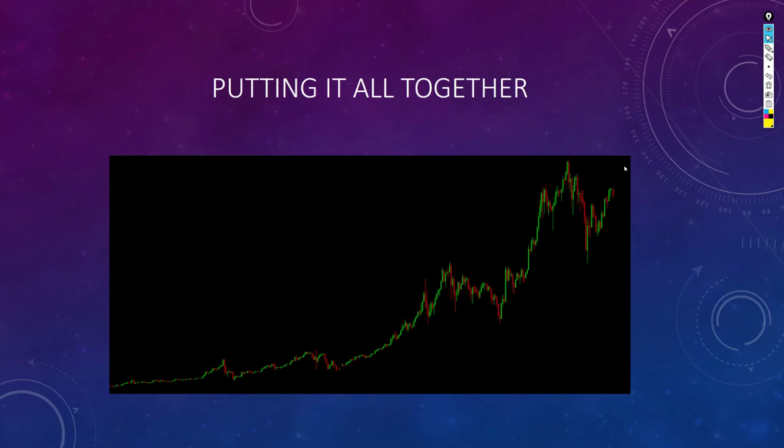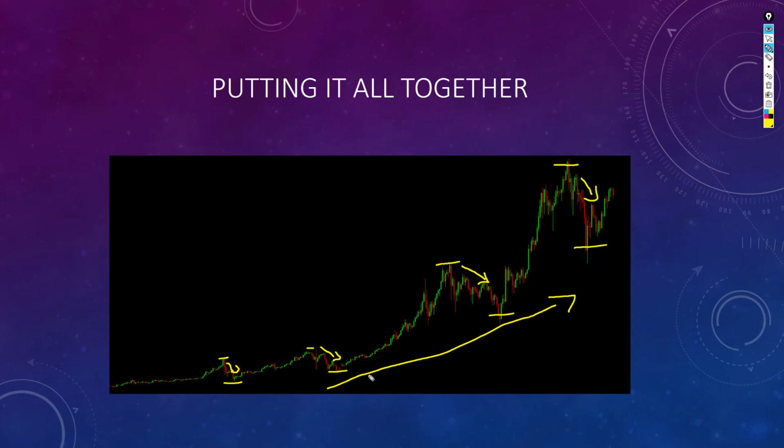So putting it all together, here is a price chart of Bitcoin for the last year and a half. As you can see, the long-term trend is up because you're making these higher highs, right? And the lows are also moving higher. So overall, the trend is up, but in the interim, we have these subtrends, and you can see downtrend, downtrend, downtrend, downtrend.